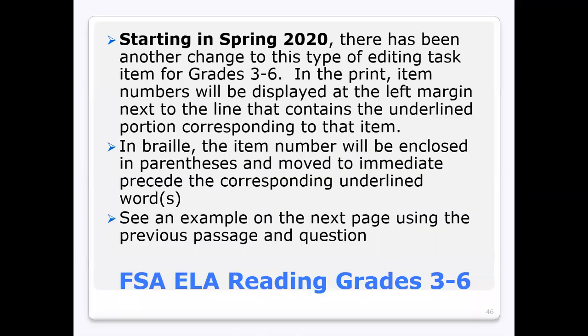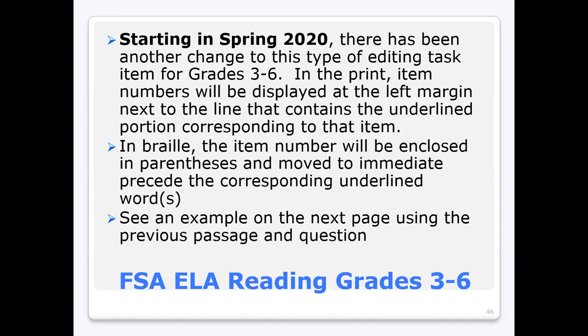Okay, this is new starting with spring 2020. There's been another change to this type of editing task items for just grades 3 to 6. They're going to a slightly new format. In print, item numbers will be displayed at the left margin next to the line that contains the underlined portion that corresponds to that item.